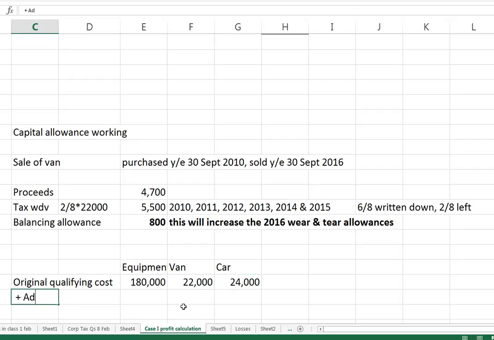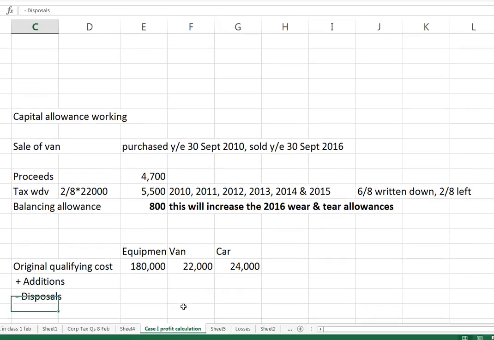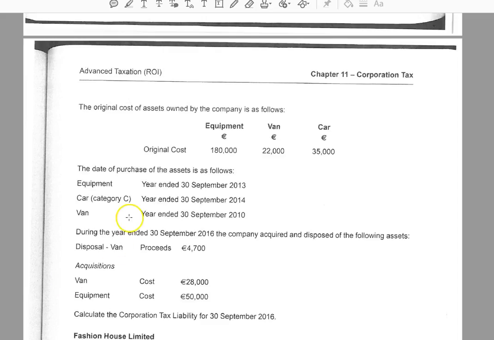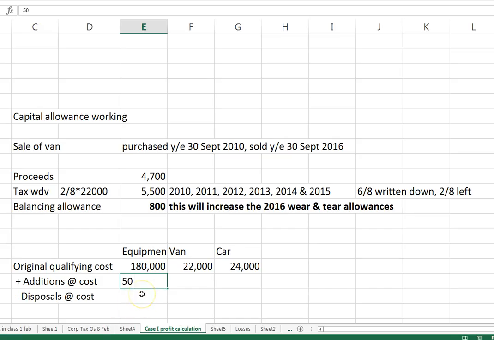And then we go plus additions. And they're all at cost. Disposals at cost, or additions. So our equipment, during the year we acquired a van, 28. So equipment 50,000 and 28,000. New van 50,000.